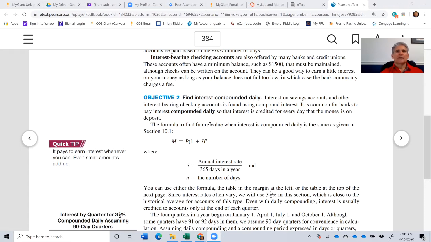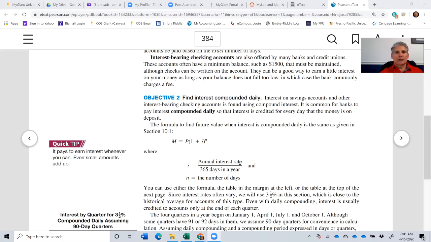Usually that's the criteria. So to find the interest compounded daily, the formula that you would use is the maturity value is equal to the principal, open parentheses, 1 plus i, to the power of n. Now, the difference between this and what we already learned, because it's the same formula, is how we treat i.